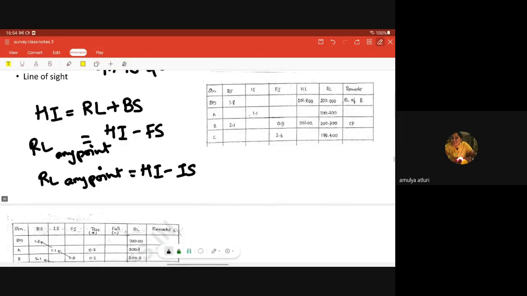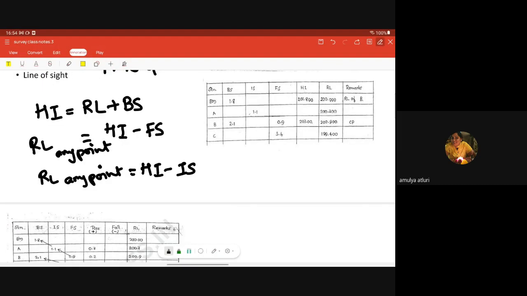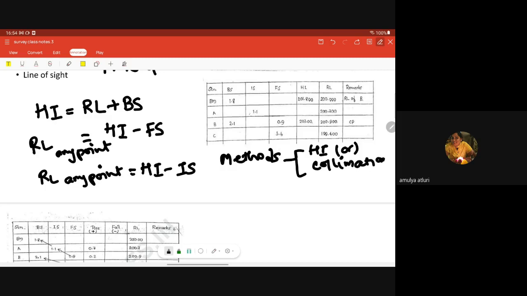So next, methods of reduction of levels. What are the methods of reduction of levels? There are two methods: HI method or collimation method, and rise and fall method.